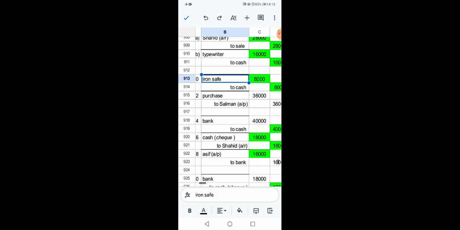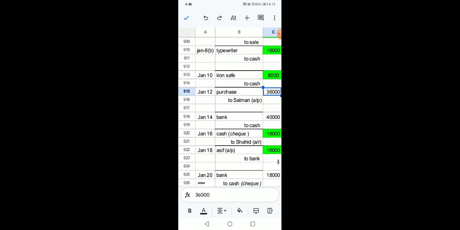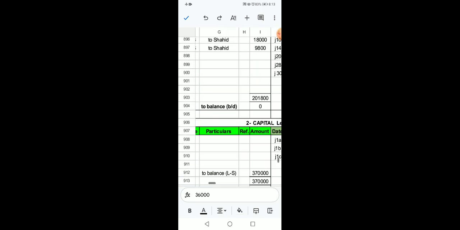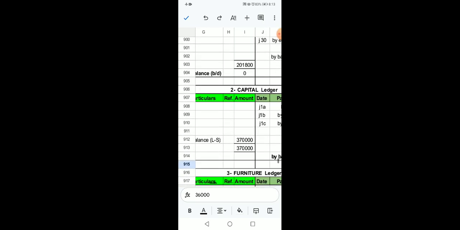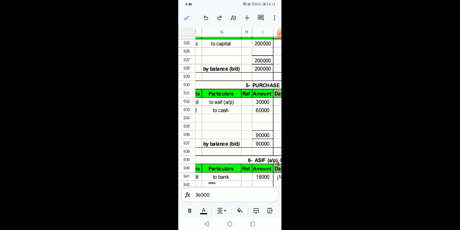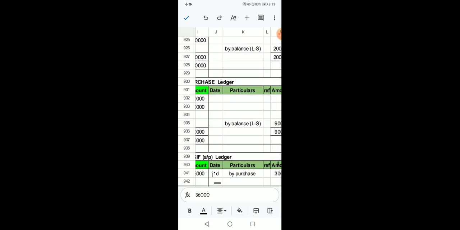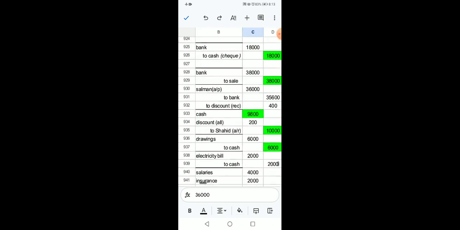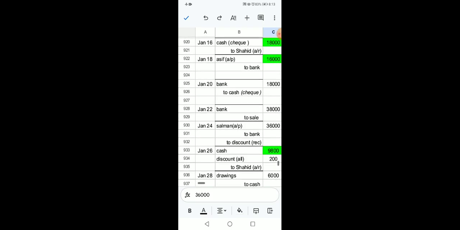Now we will see what next element is unmarked. Purchase, it has already been completed I think, and it is not marked. Why? January 12 purchase. We will go to the purchase ledger, purchase ledger January.